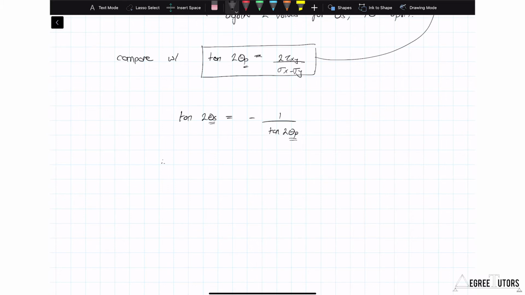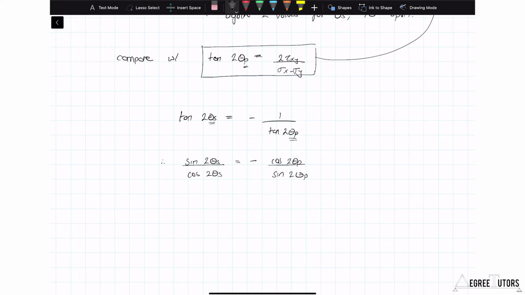So we know that tan is equal to sine over cosine. On the left I've got sine of 2 theta s over the cosine of 2 theta s, and that's equal to minus, we just invert it on the right hand side, so that's going to be the cosine of 2 theta p over the sine of 2 theta p.